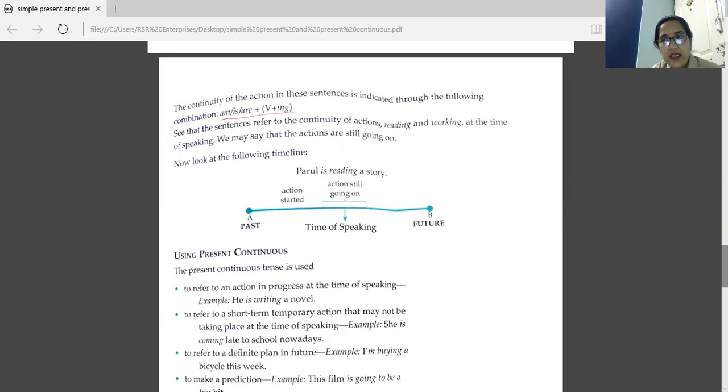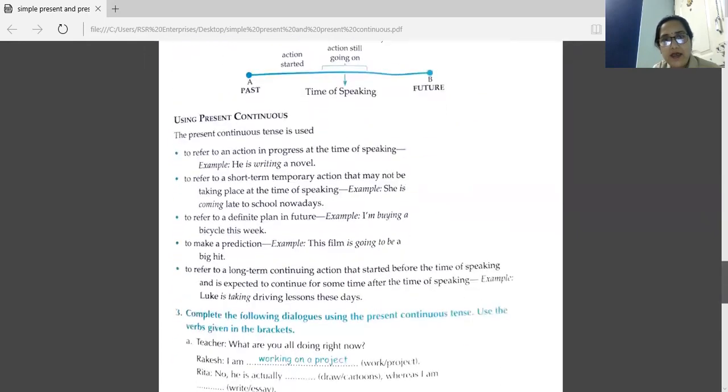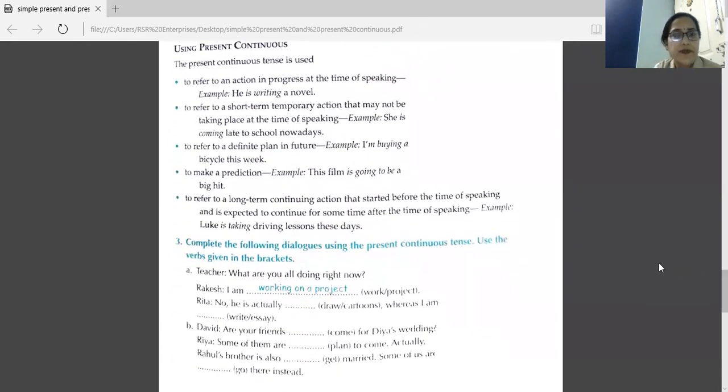Next one, to make a prediction. That means something going to happen in some future time. May happen or may not. So this film is going to be a big hit. So it's a prediction here. So is going, it is present continuous tense.